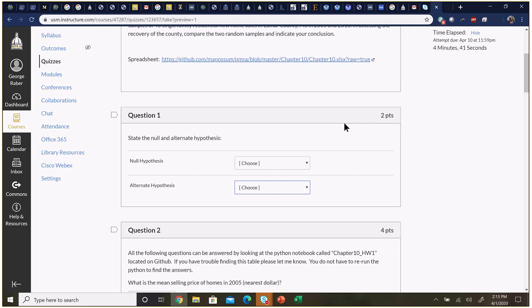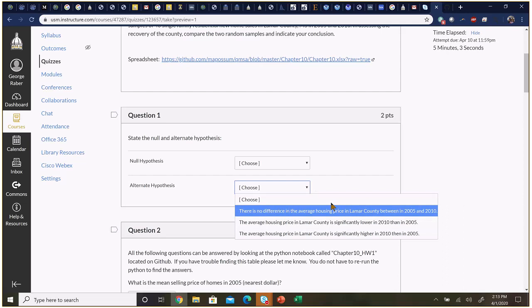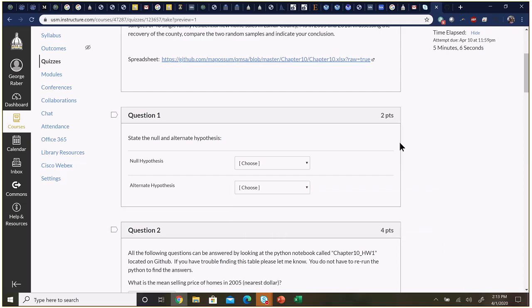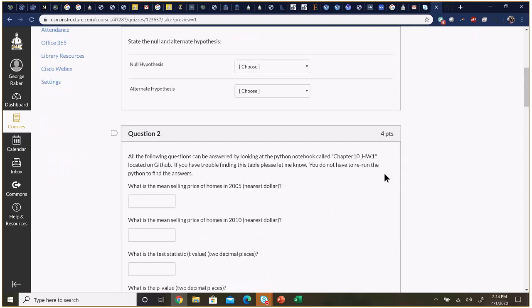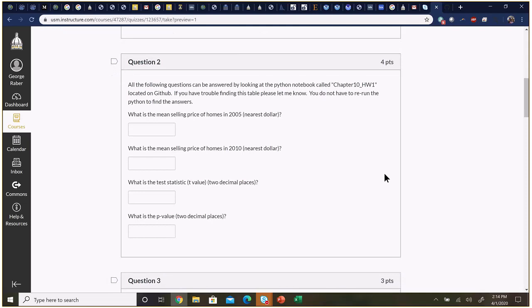We don't really care if the 2010 values are greater, because if they're greater, then a recovery happened. But if they're lower, then a recovery didn't happen, because we assume that house prices go up over time. So think about that when you state the alternative hypothesis. It only matters if 2010 is lower.